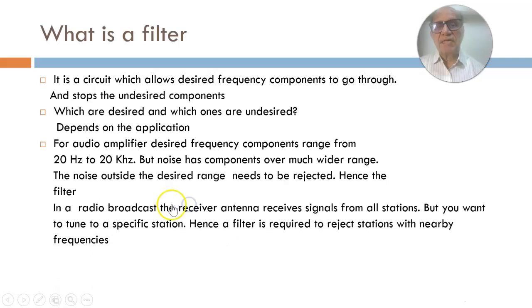Let's look at another application. In a radio broadcast, the receiver antenna receives signals from all stations, but you want to tune to a specific station. Hence, a filter is required to reject stations with nearby frequencies. After all, you are going to listen to one station at a time, so you would like to reject the other ones.